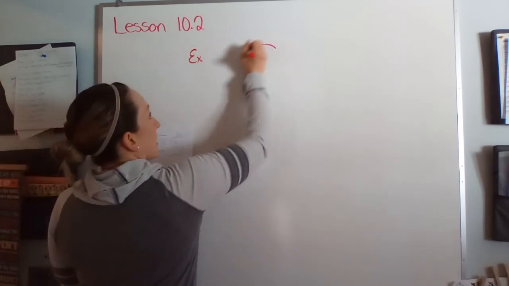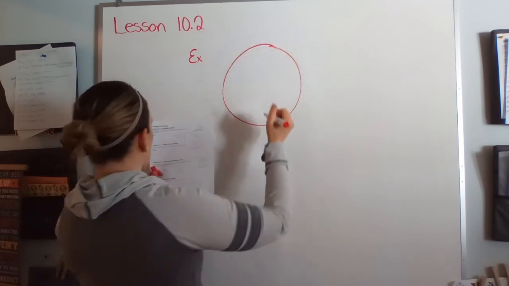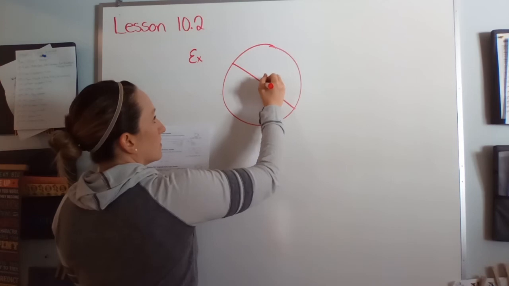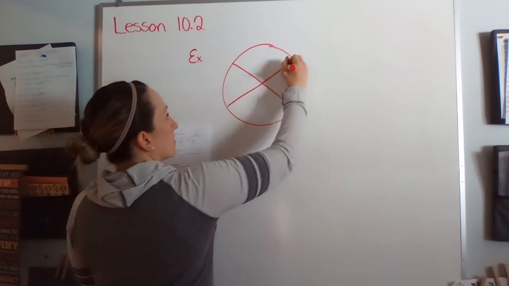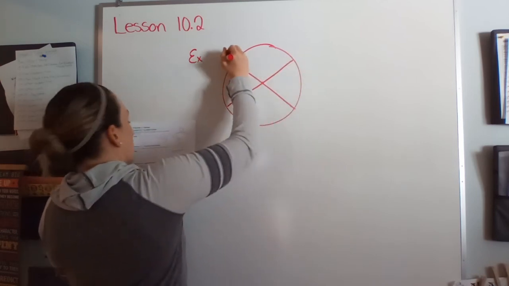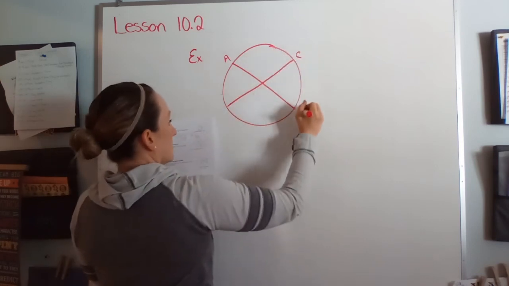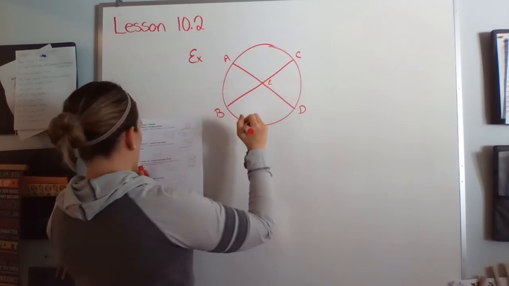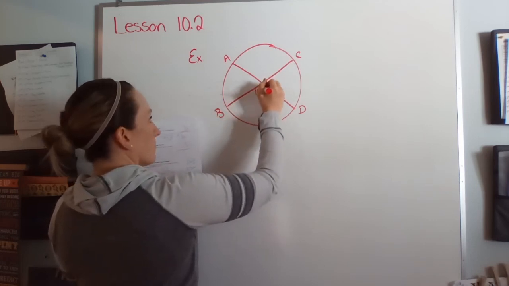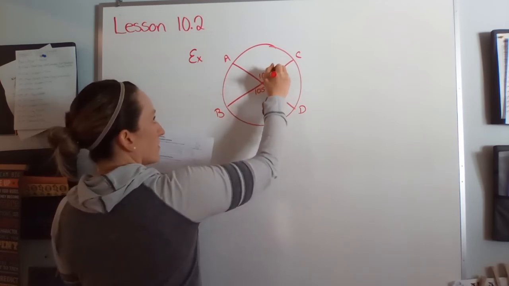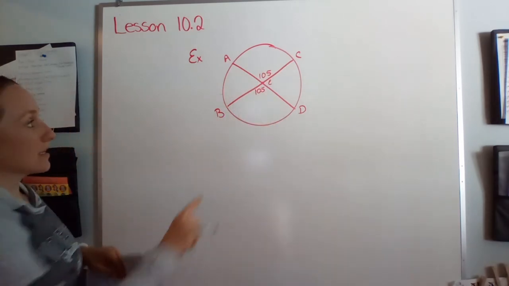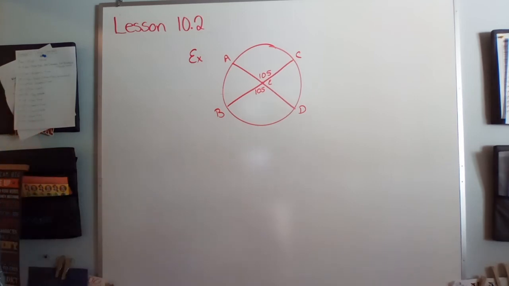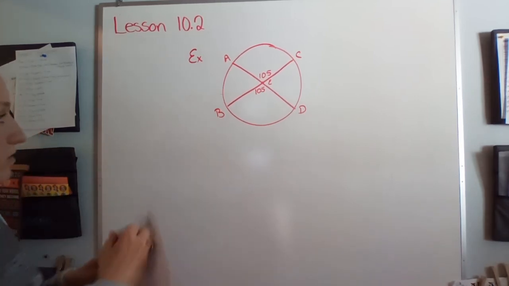So the example I have for that one, if you have a diagram that looks like this, in this case I'm just looking at one circle. A, C, D, B, and the middle point is E, 105, 105. So this theorem tells us that if the two central angles are equal to each other, well, then their arcs are also equal to each other.